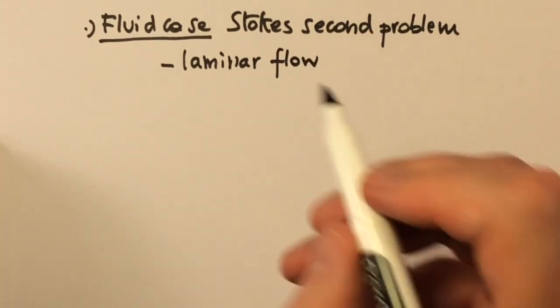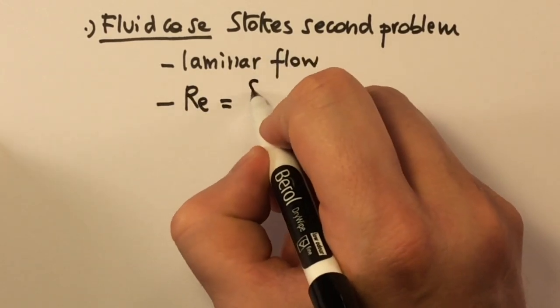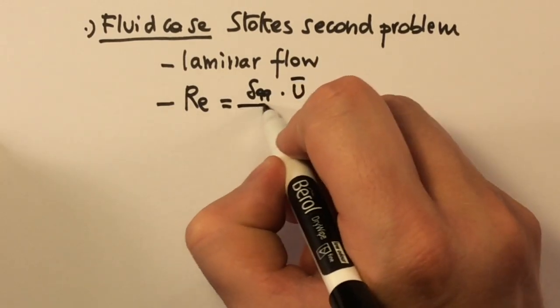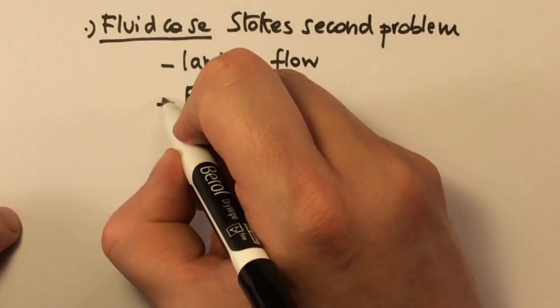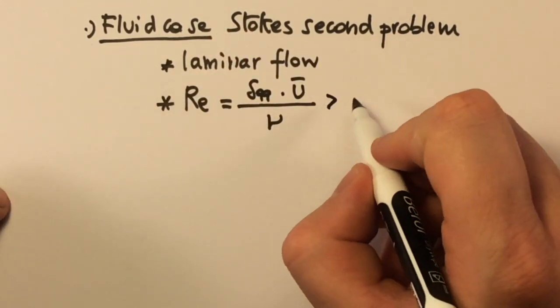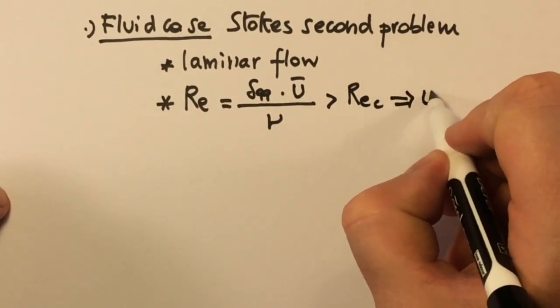And therefore, if the Reynolds number based on the thickness, delta 99 times u bar divided by nu, the kinematic viscosity, is larger than a certain critical value, then the flow may become unstable.